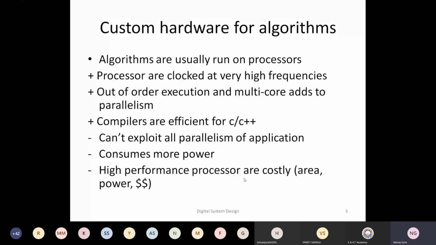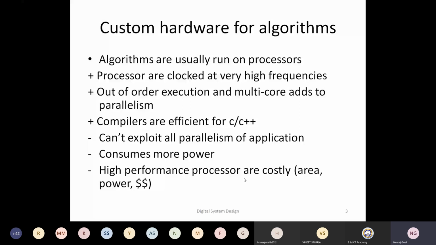Also, processors have a lot of additional parts: they will always fetch, then decode, and even if we require only 10, 15 or 100 instructions, they are designed for thousands of instructions. So it has much more area and much more undesirable functionality for that particular application.